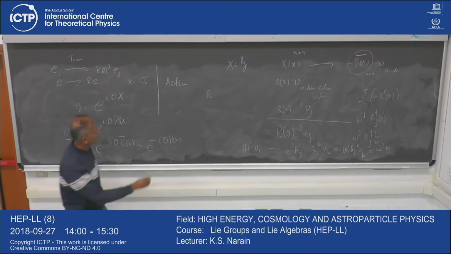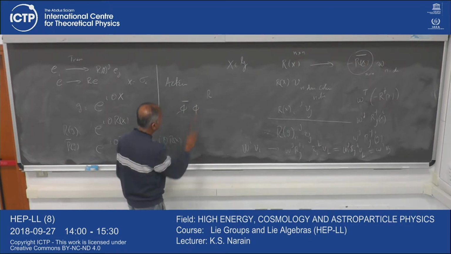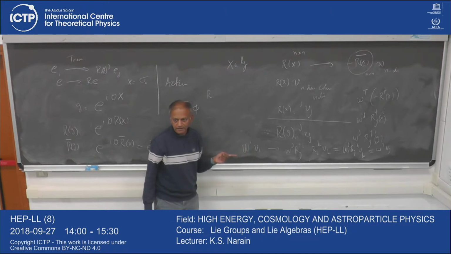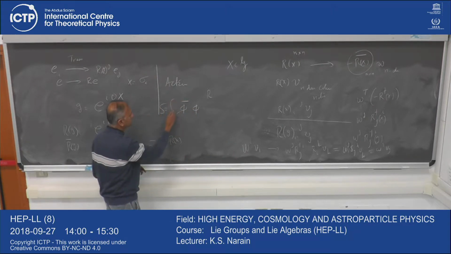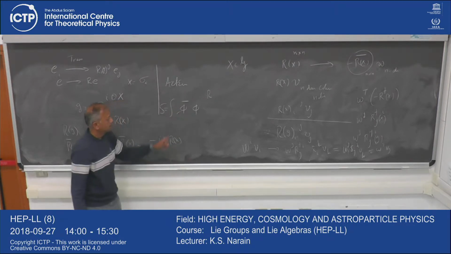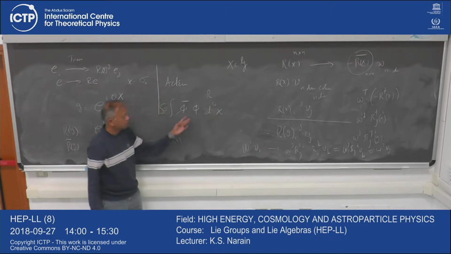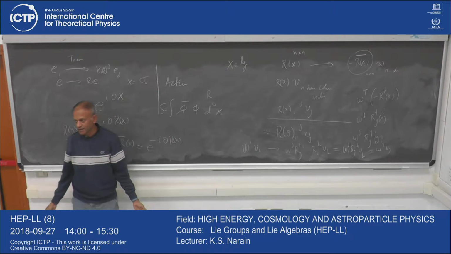Then I can construct phi, the complex conjugate phi, taking the trace like this, and that is invariant. So I can write down an action with d4x, or whatever dimensionality, consisting of objects like this, which will be invariant under the symmetry.